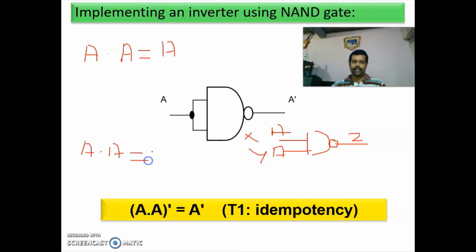A into A is A. Now the output of this gate is nothing but A into A the whole bar.